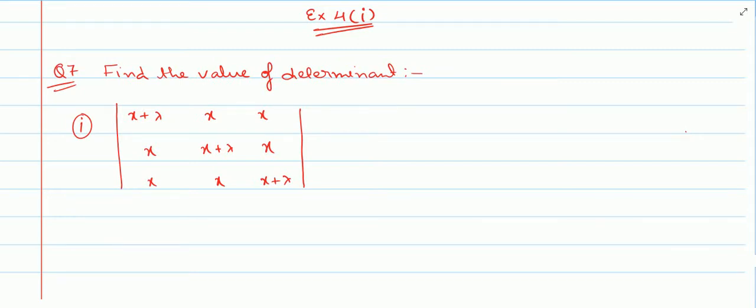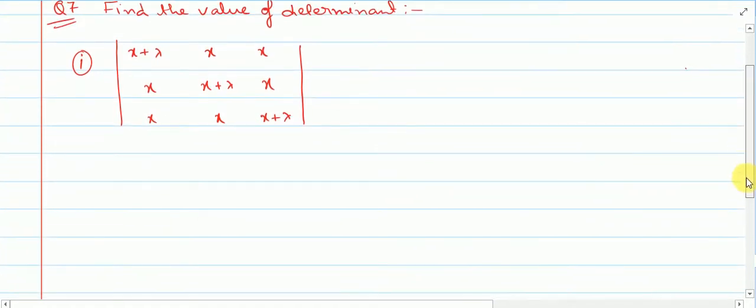Good morning, children. So now let us see question number 7 from exercise 4.1, and here find the value of the determinant. So this determinant is given.